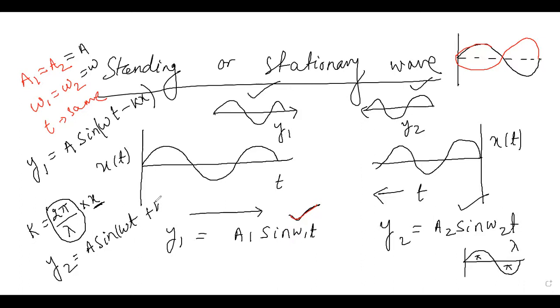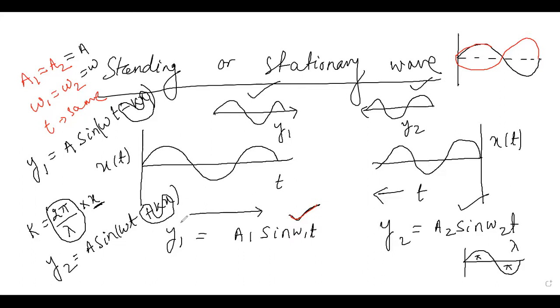If you write it this way, one has minus kx and the other has plus kx, which indicates the distance traveled in the forward or backward direction. So these equations indicate that one wave is moving in the positive x direction and the other in the negative x direction.